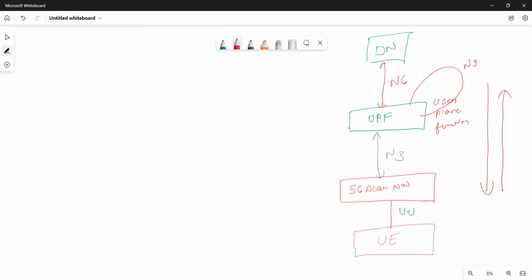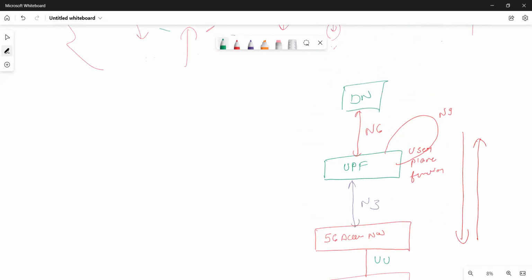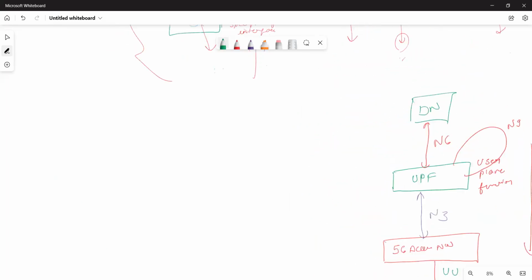Okay. Now we're gonna go more towards the other elements. We had MME in LTE, right? But in 5G we have split functionality for MME. We have AMF and SMF, right? So AMF is nothing but your access and mobility management function. I'm gonna draw it here somewhere so that we have proper visibility.